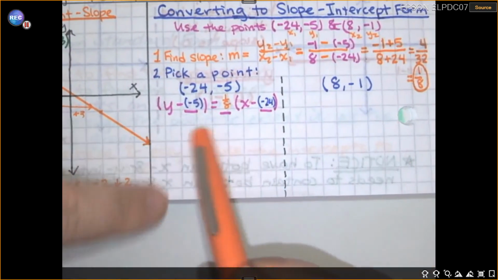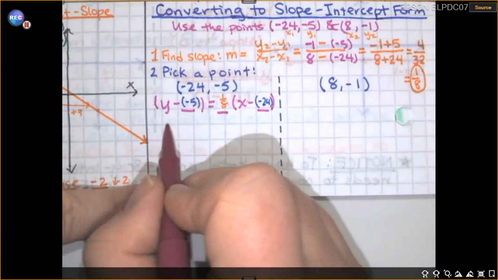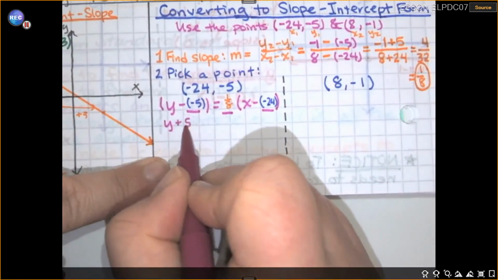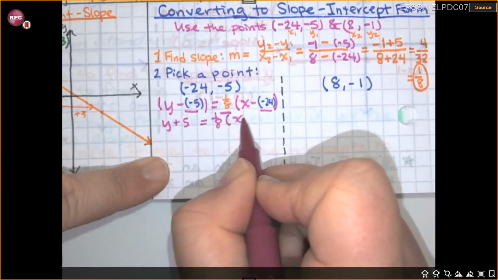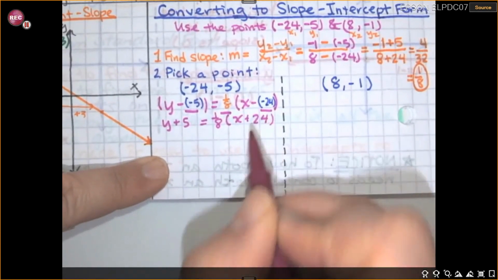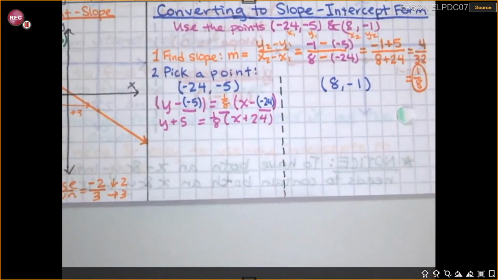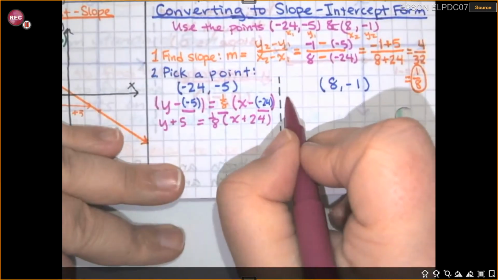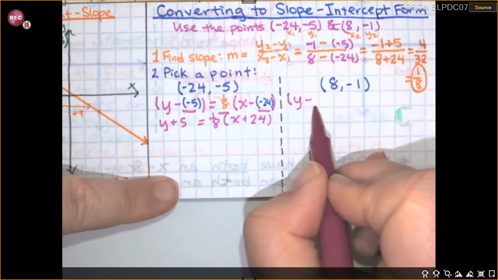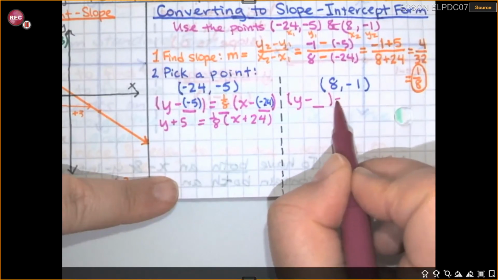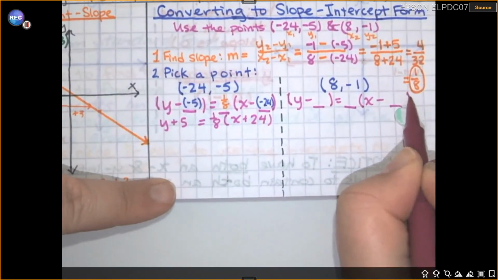Then I'm going to simplify this so that it is y plus 5 equals 1/8, parentheses x plus 24. So just like we did above, now I'm going to do that same thing over here. Again, I have to skip writing the form out just because I don't have enough room. Y minus blank equals blank, parentheses, x minus blank.